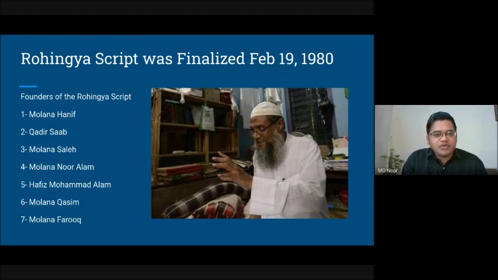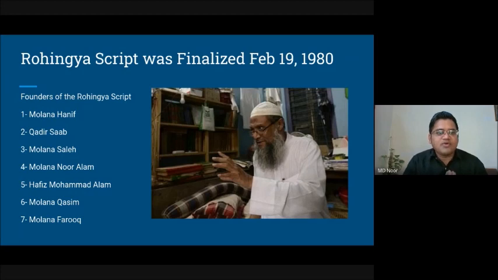So here we go. The Rohingya script was finalized in February 1998. There were about 7 founders. Of course, it doesn't mean that it started in 1980s, because it started way long before, where multiple discussions went on to represent the tonal sign, to represent how we speak and how this language can formulate, why it's difficult to pronounce with different scripts, maybe using Roman, or maybe using Arabic and all this.